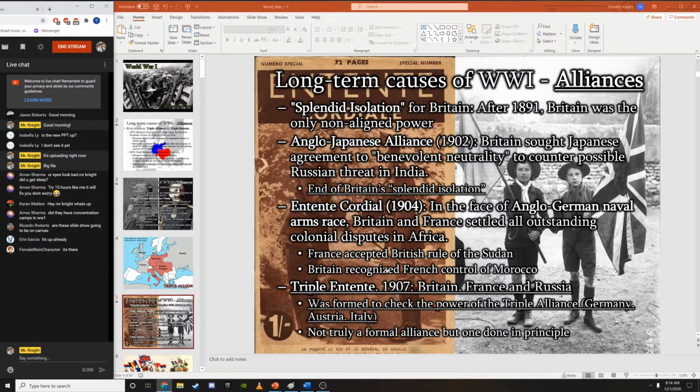Splendid isolation for Britain. Basically, Britain was in this period of time where they really were trying to just manage themselves, and their giant colonial empire. So after 1891, in Europe, Britain was basically the only non-aligned power.